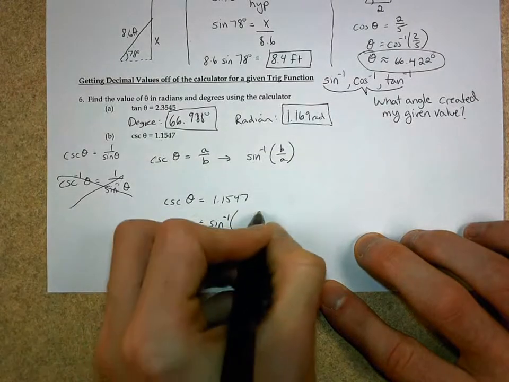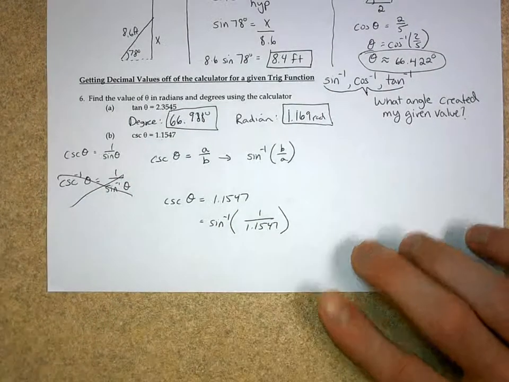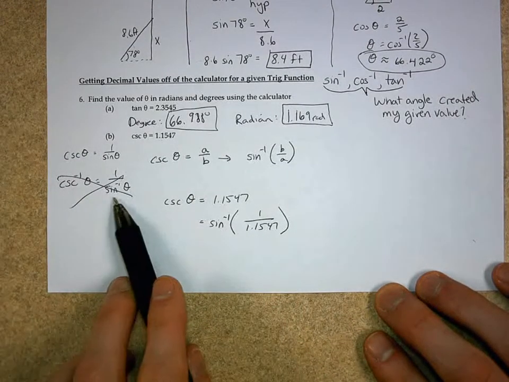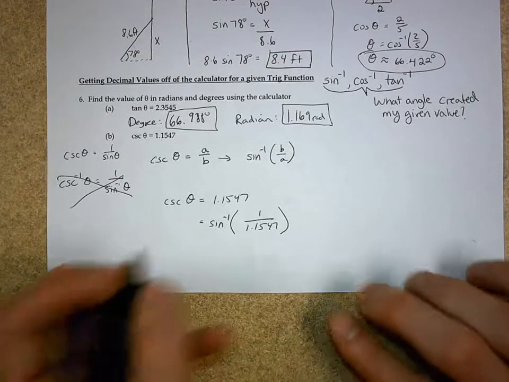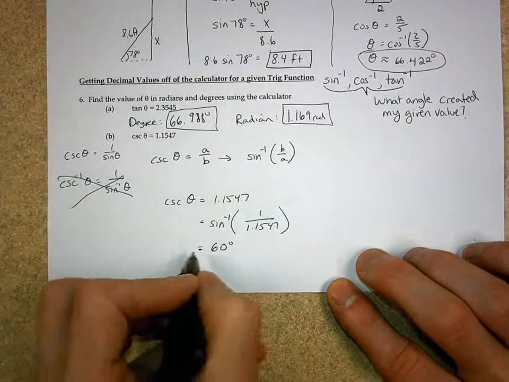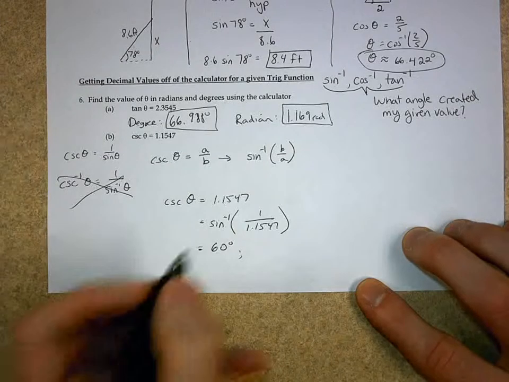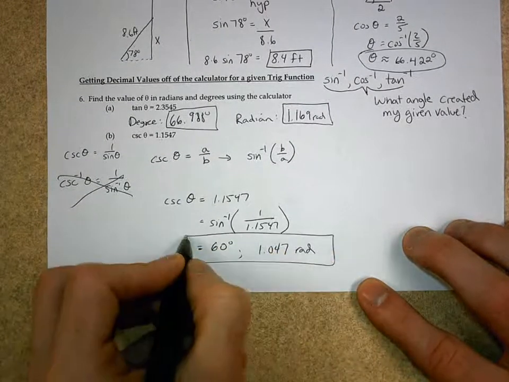So this is going to be sine inverse of 1 over 1.1547. Notice that I did the flipping inside the sine inverse function and didn't just put 1 over the sine inverse function. And if I solve that out in degrees, I get 60 degrees. And if I do it in radians, I'll get 1.047 radians.